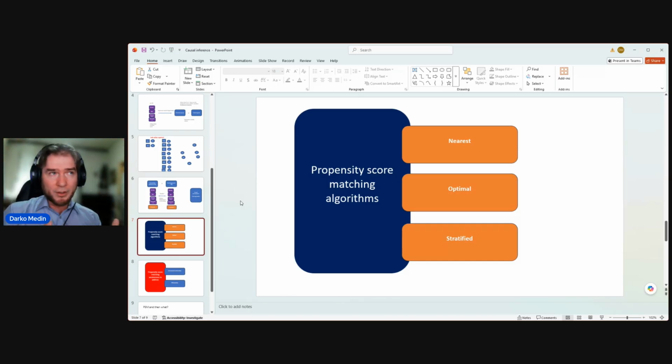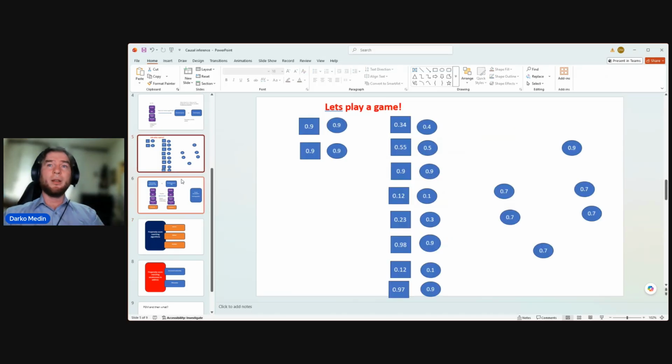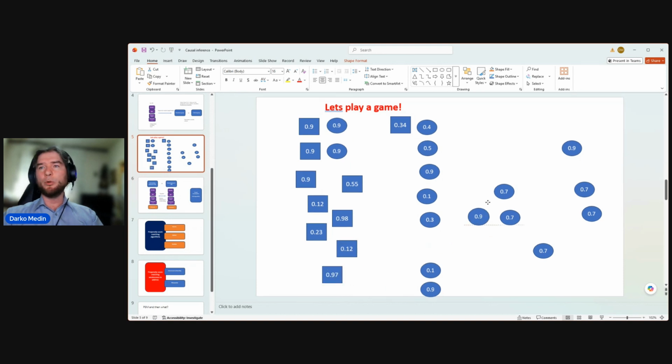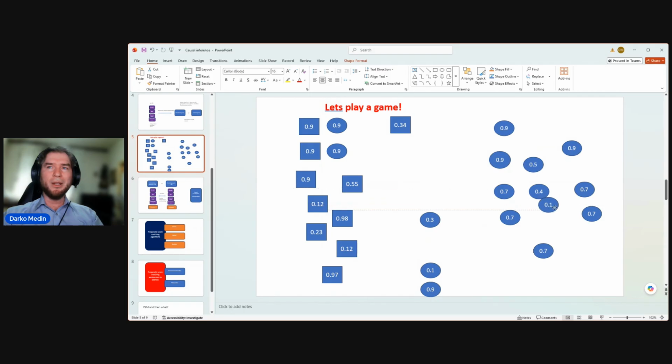But there are others which are often used in combination or even separately. One of them is called the optimal matching. So imagine that I didn't go patient by patient, but actually had these two groups, and I still want to minimize, but collectively I want to minimize the difference between them.